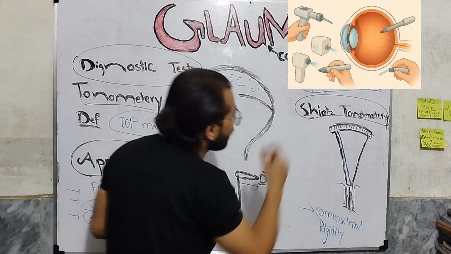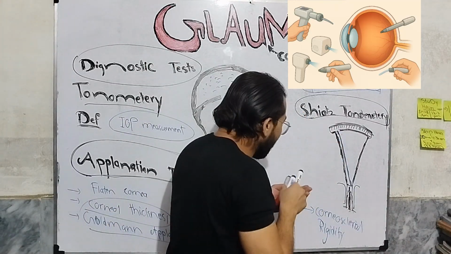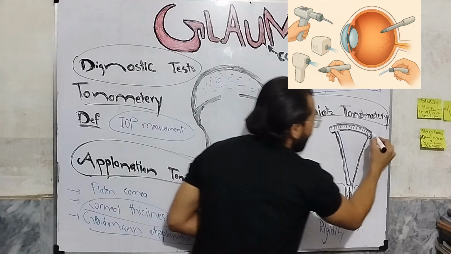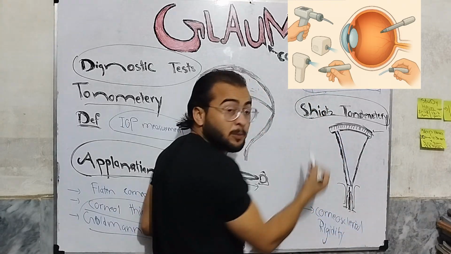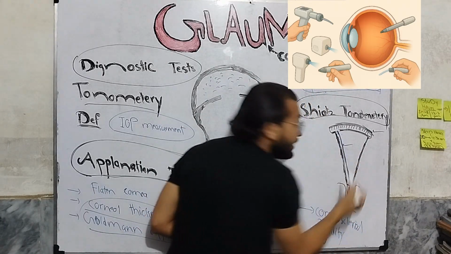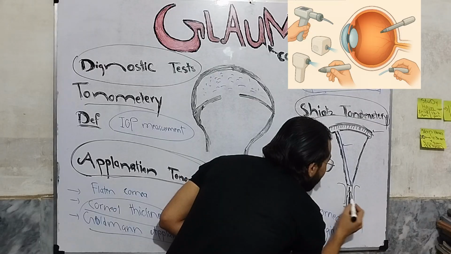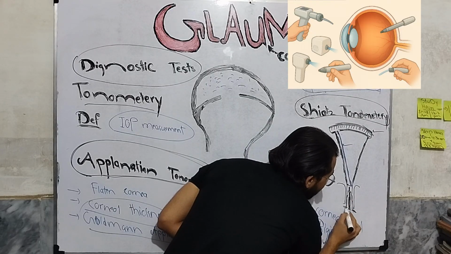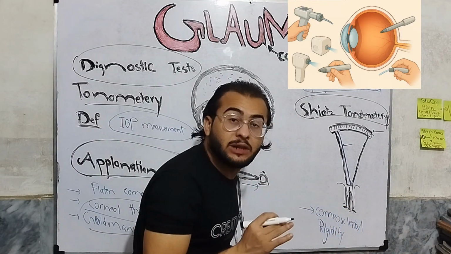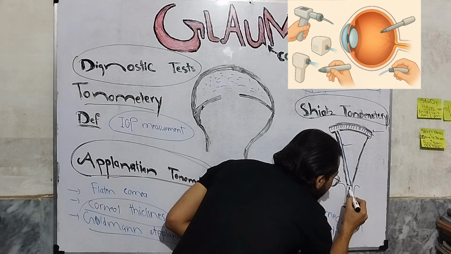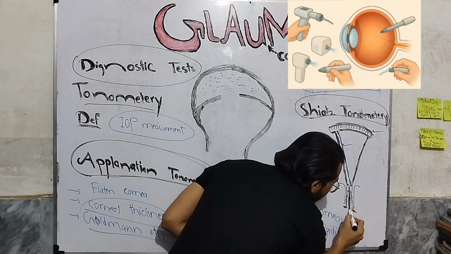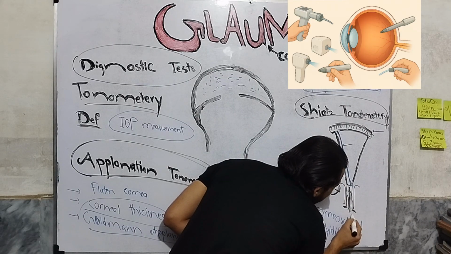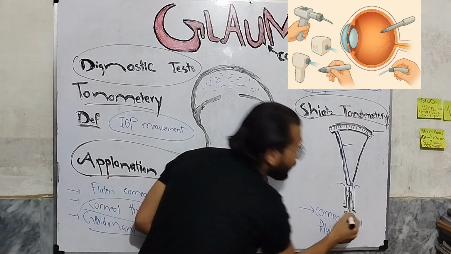The Schiotz tonometer has parts. For example, we have the scale, which will record the pressure, and the needle. These are the foot plate, which will be kept on the cornea, the plunger, and the weight. This weight will apply pressure on the cornea.